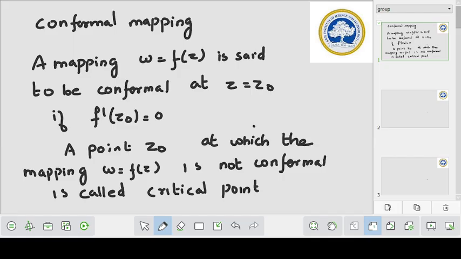That is, dw by dz equal to 0. So this one we call a critical point.